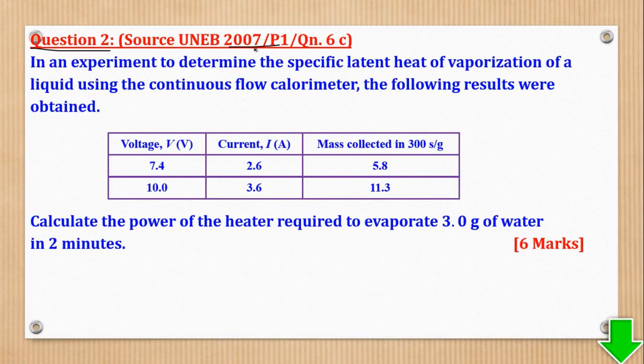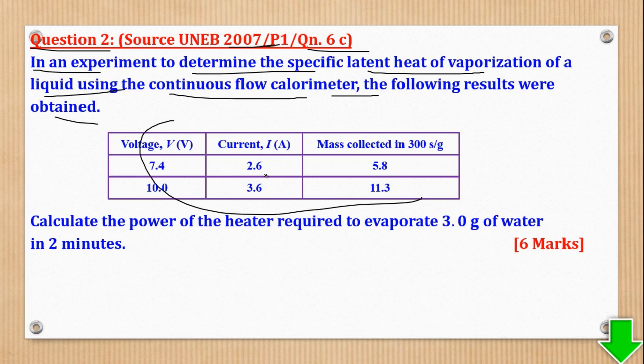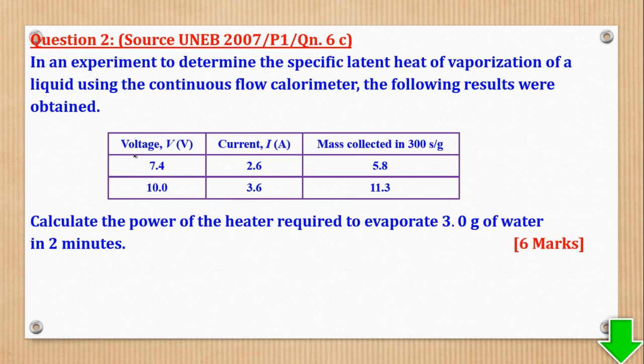Then question 2 came from UNEB 2007 paper 1 question 6c and says, in an experiment to determine the specific latent heat of vaporization of a liquid using the continuous flow calorimeter, the following results were obtained. So these are the results. We have the first voltage and the first current giving you this rate of mass collected. Then the second voltage and second current giving you that mass collected.